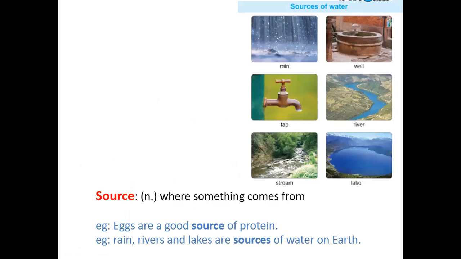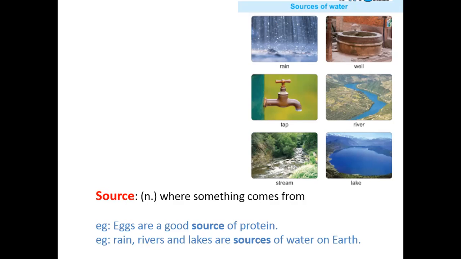Next one is source. Source is where something comes from. For example, rivers, lakes, and streams are natural sources of water on Earth. It's where water comes from, right? Or another example, remember when I told you bananas are a good source of potassium? So we can get potassium from bananas.